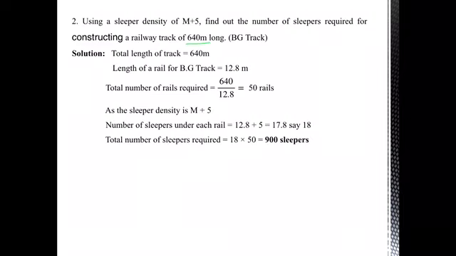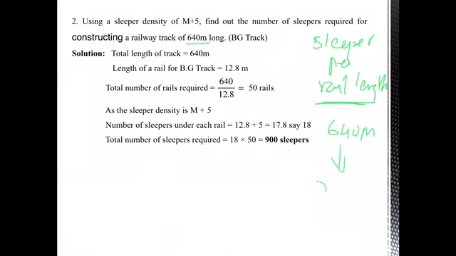When we calculate the sleeper density, we calculate the number of sleepers per rail length. So first calculate how many sleepers we get for one rail length. Next, for 640 meters, determine how many rails are required. Multiply those two values and you will easily get how many sleepers are required.